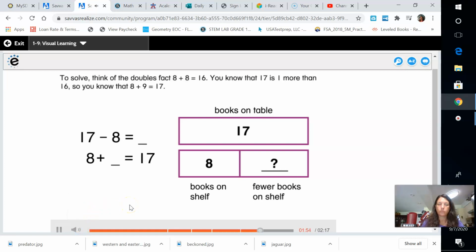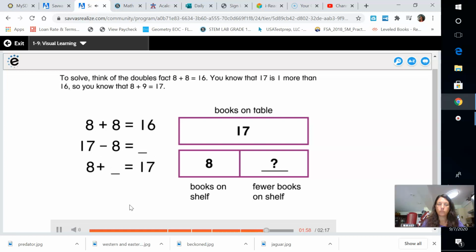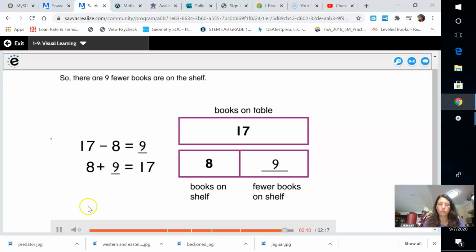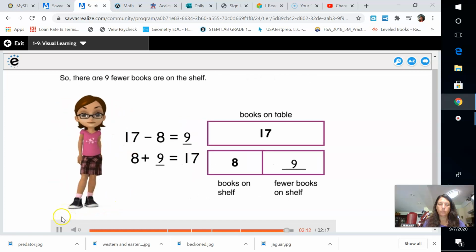To solve, think of the doubles fact 8 plus 8 equals 16. You know that 17 is 1 more than 16, so you know that 8 plus 9 equals 17. So there are 9 fewer books on the shelf.